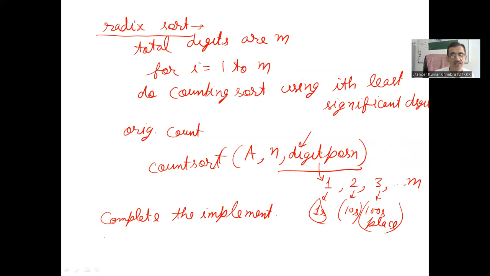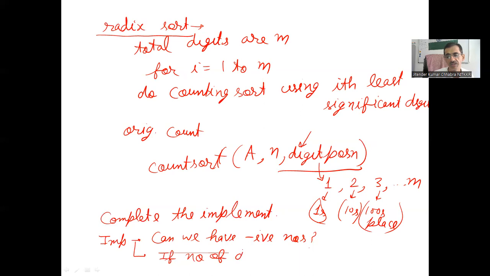Then another important point: can you have negative numbers? How to handle that? Further, if the number of digits is not the same in each number, can we handle that?